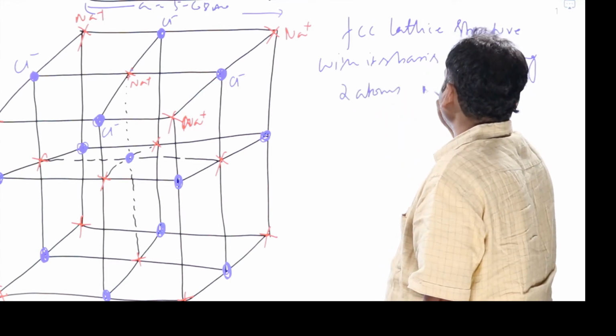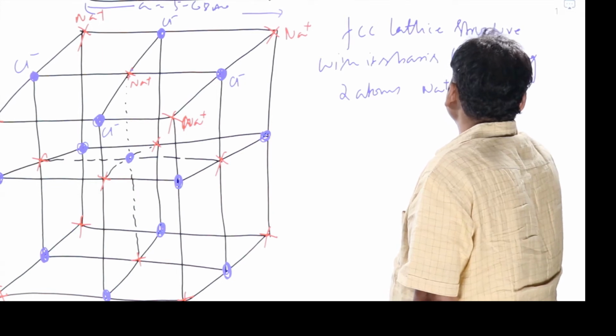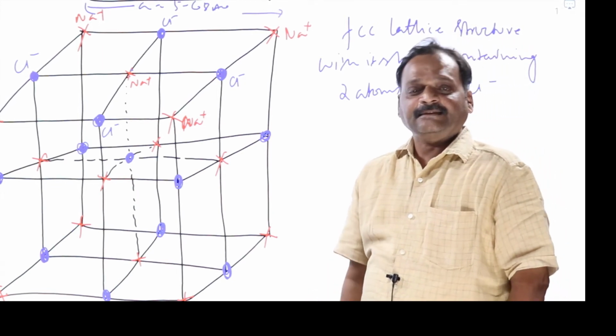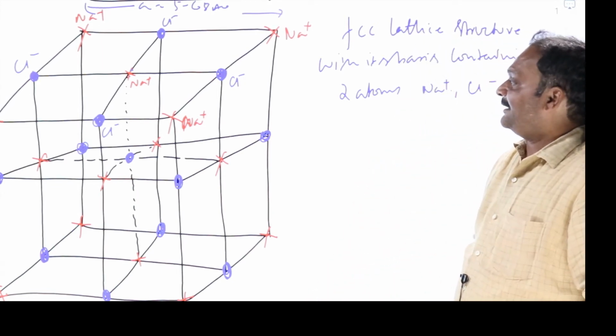Two atoms: one is Na plus and the other is Cl minus. I can simplify this.